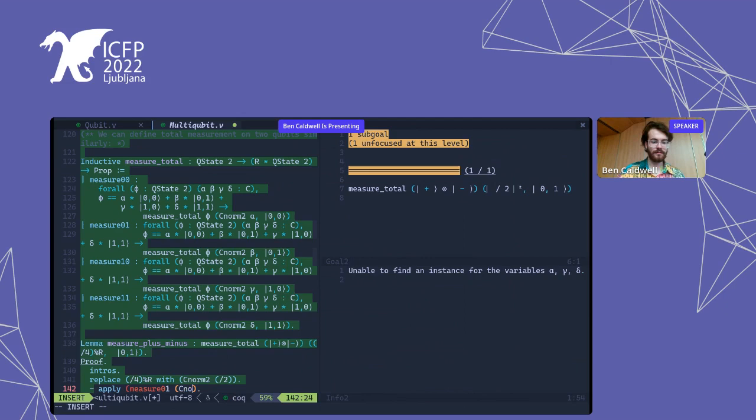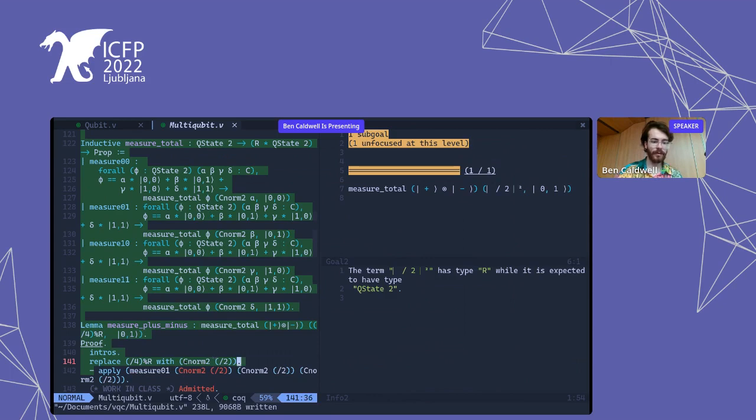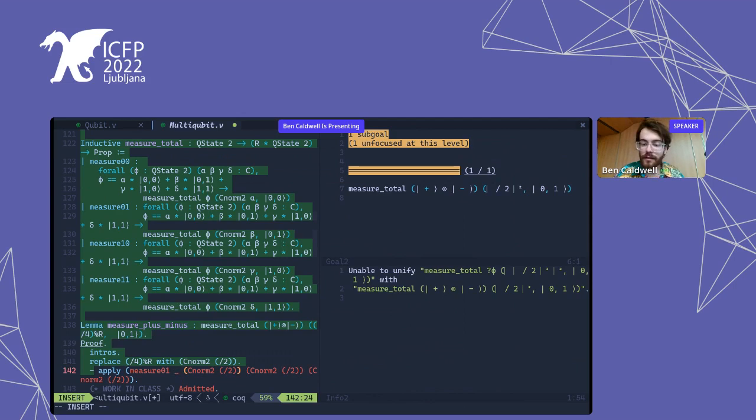Or this, right? Those are all the same, right? Oh, we're measuring a specific state. I didn't need so many of these.